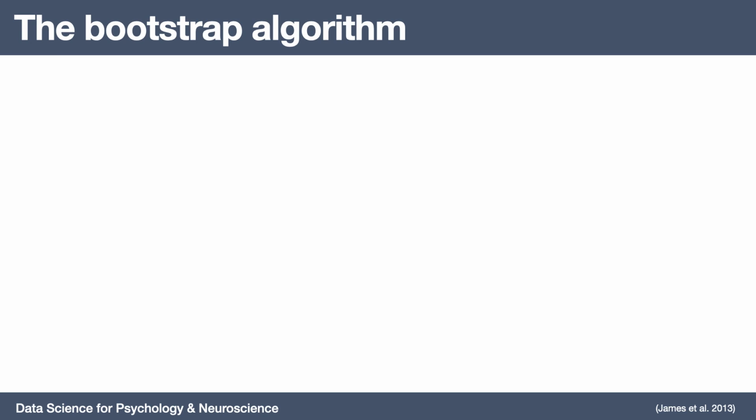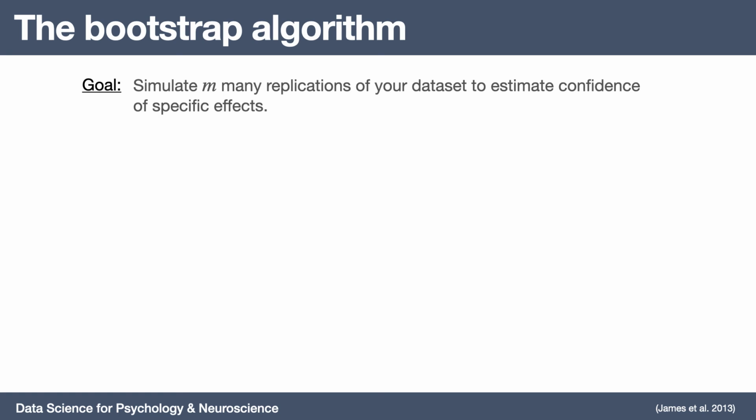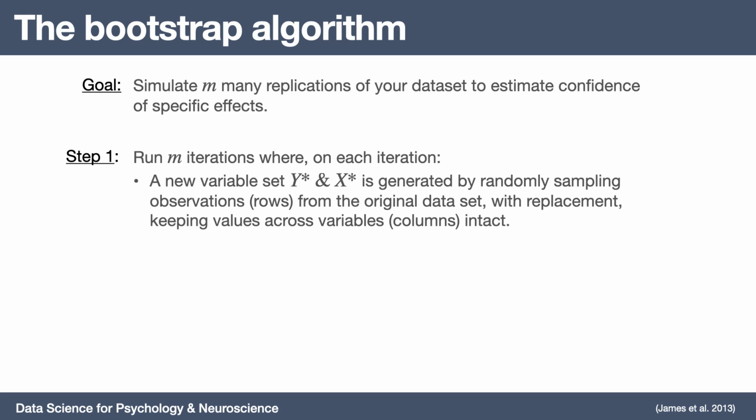So the algorithm itself is pretty simple. Remember, the goal is to simulate m many replications of your data set to estimate confidence of specific effects. So much in the same way as the permutation test, you run m many iterations, where on each iteration you create a new variable set y star and x star.